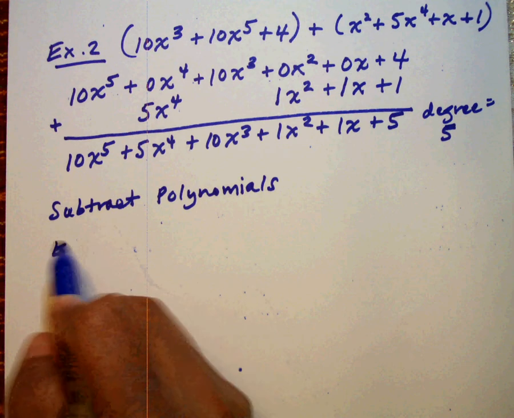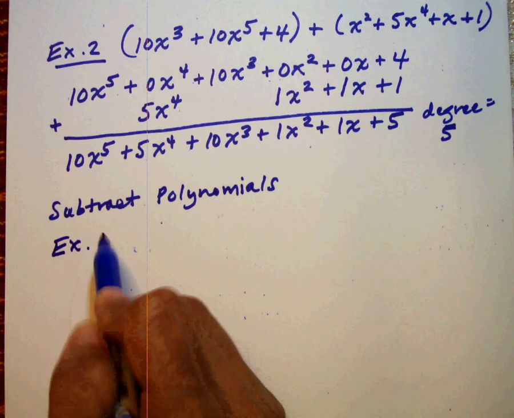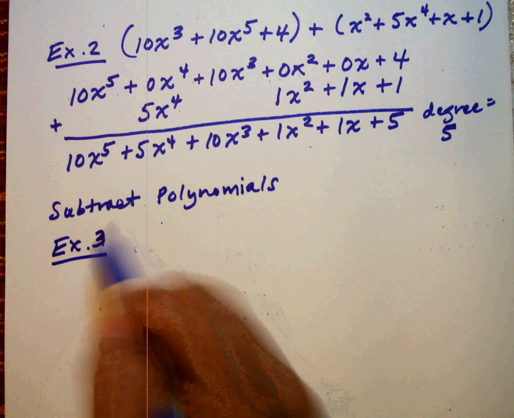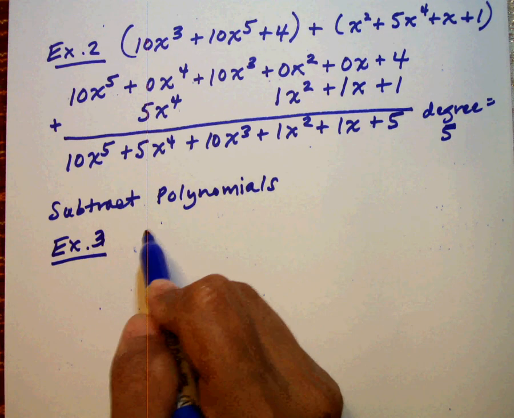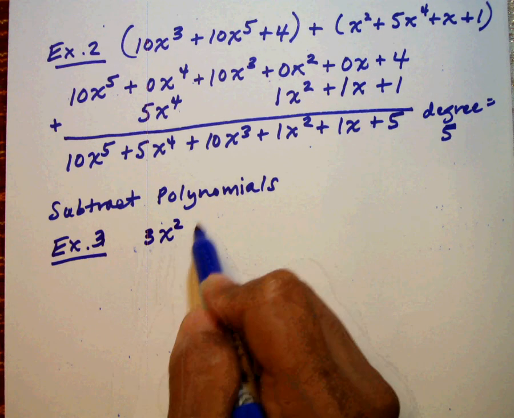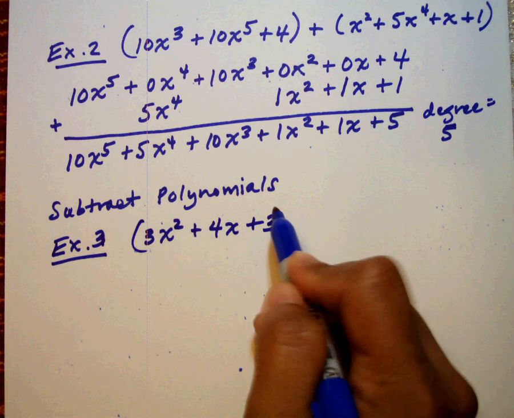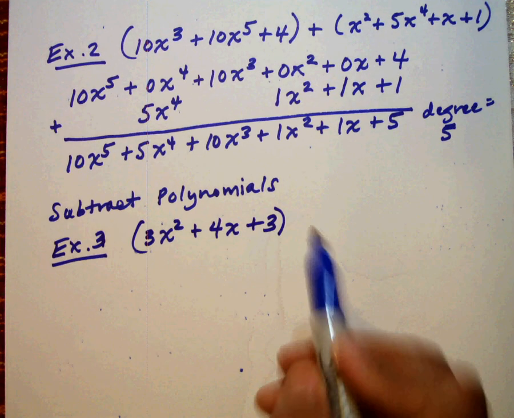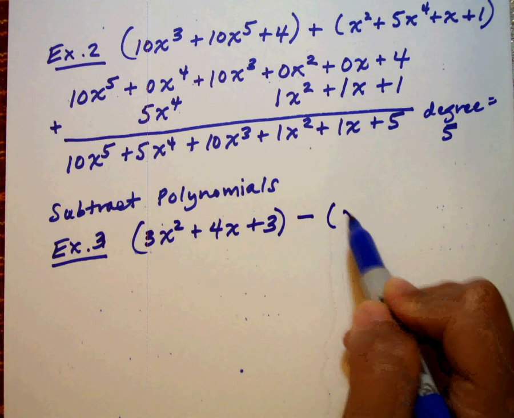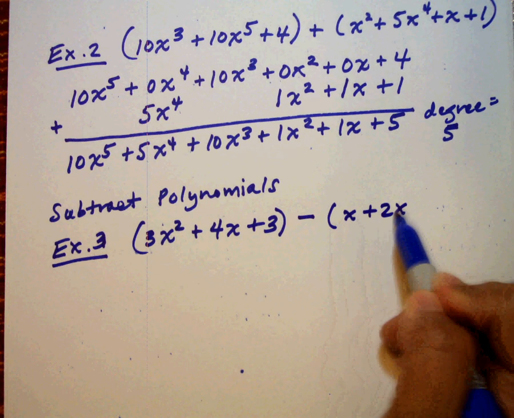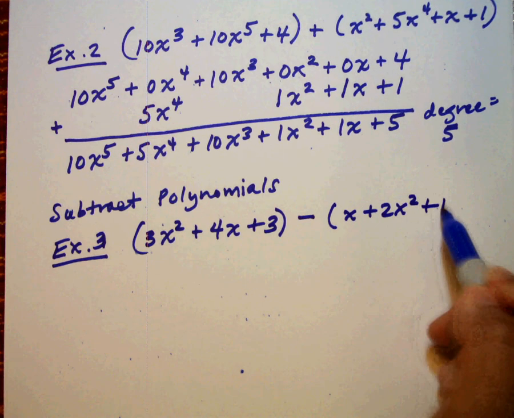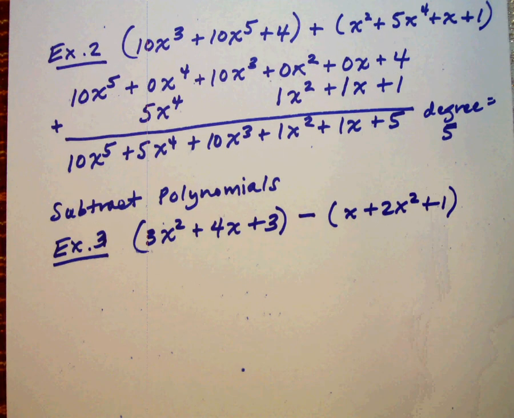Example 3. I have 3x squared plus 4x plus 3, and usually with polynomials you need to put the parentheses, minus (x plus 2x squared plus 1). So I have this polynomial minus this polynomial.